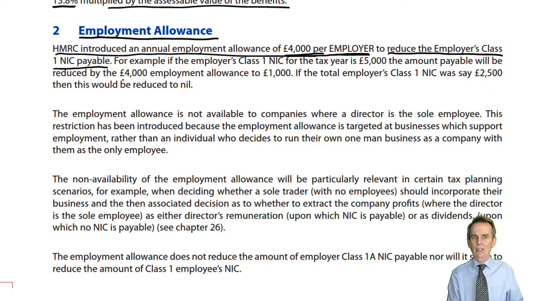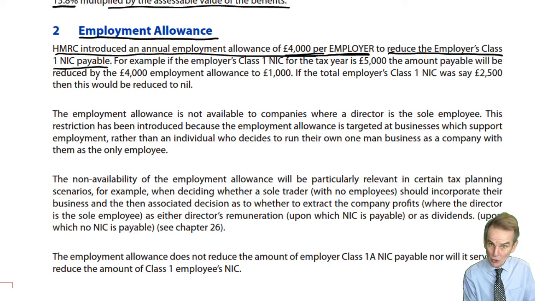Now, what that means is that we're going to take away from the overall employer Class 1 NIC liability a figure of up to £4,000. As we'll see here, this amount is able to reduce that employer's Class 1 NIC payable.